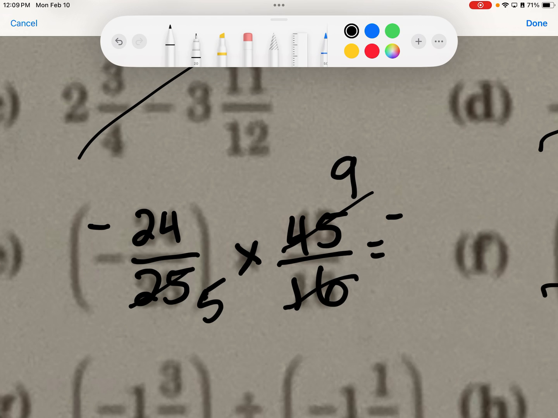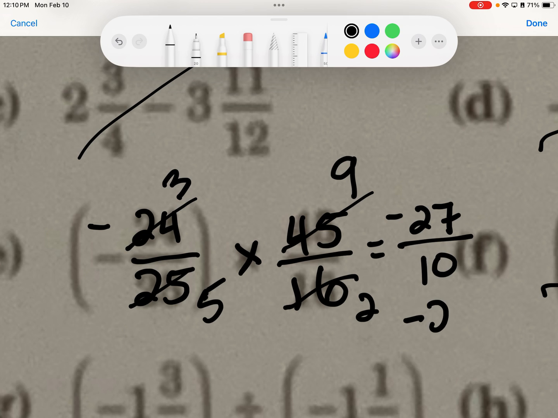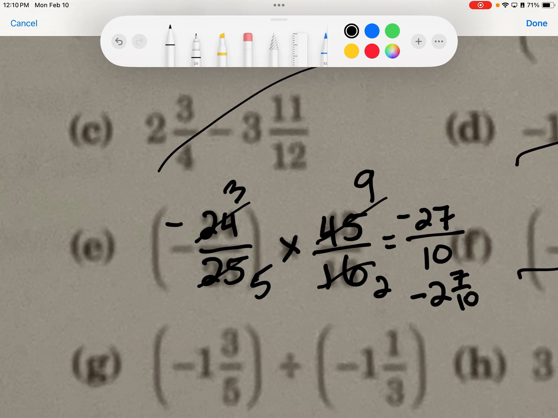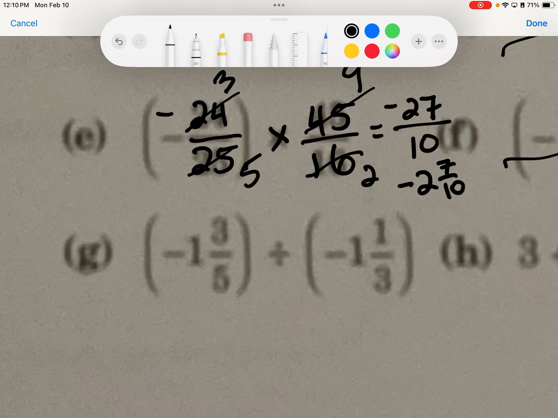Oh, look at these, we can divide these by 8, and we get 2 and 3, right? 3 times 9 is 27. And 2 times 5 is 10. So then we end up with negative 2 and 7 tenths.